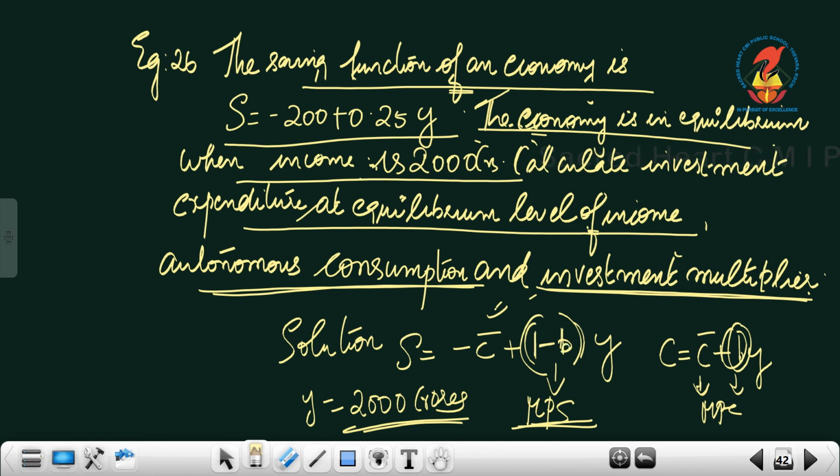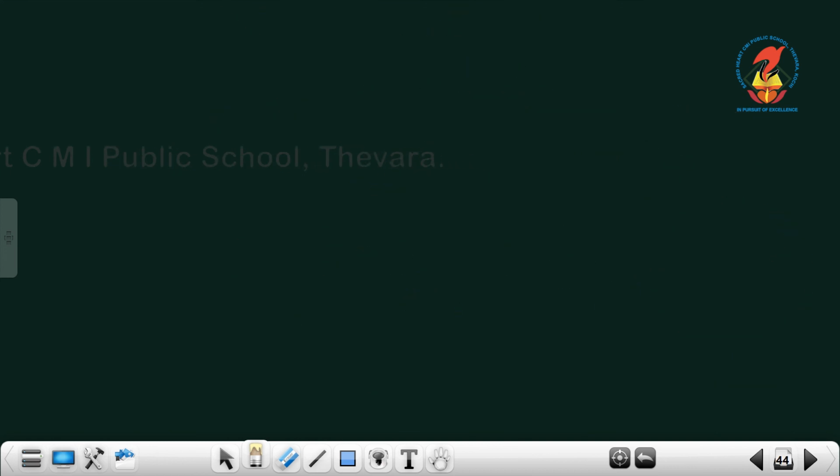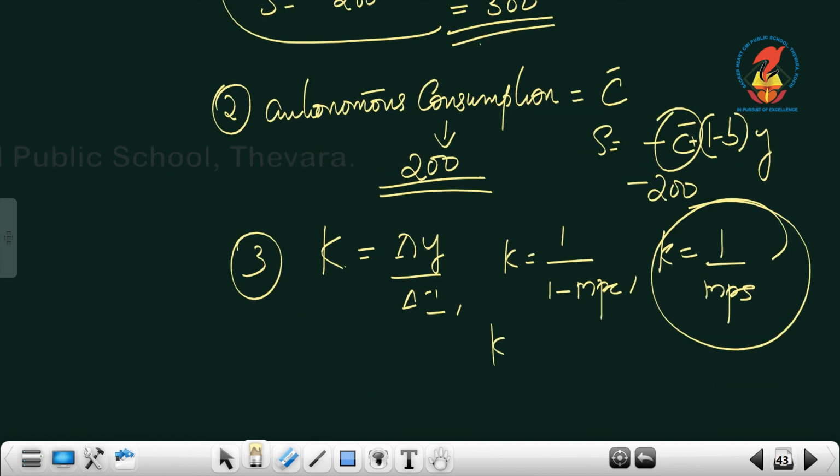Therefore, in the saving equation 1 minus B will be MPS. This is minus C bar plus 1 minus B, and 0.25 is 1 minus B. Therefore, we can use this equation. K is equal to 1 by 0.25, which is equal to 4. Therefore, the answer is 4.